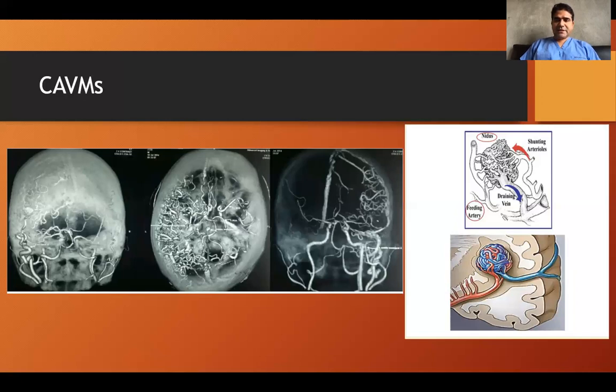And regarding the nidus, it is a compact tangle of dysplastic thin-walled vessels of varied length connecting feeding arteries and draining veins. Nidus can be classified either as globular or conical in shape, and may be compact or diffuse. This classification of nidus is very important in deciding the surgical approach also.